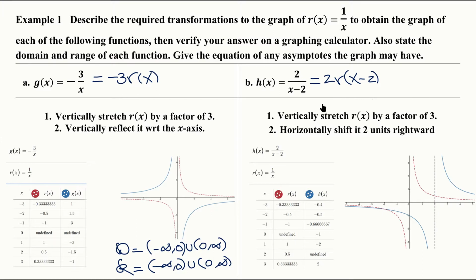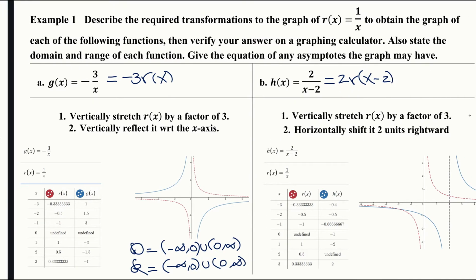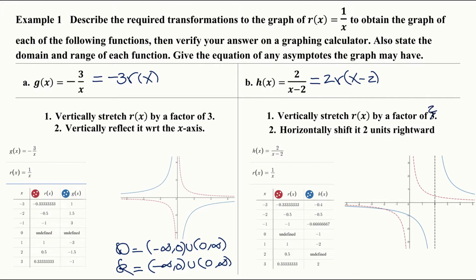So notice that we're going to vertically stretch r of x by a factor of 2, actually. That's a typo. All right. And we're going to horizontally shift it 2 units rightward, okay? But remember, when that's a minus 2 and it's at the input level x, there's going to be a horizontal shift to the right, actually.